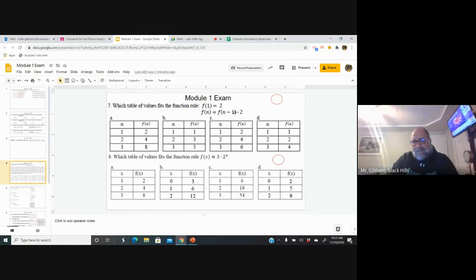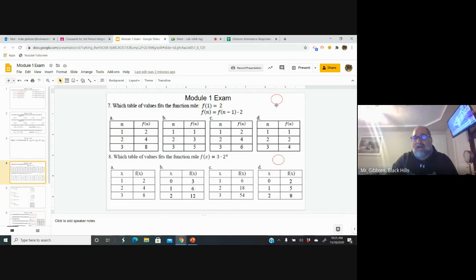Now, look at the pattern of change in the recursion equation. We're multiplying by 2. So f of n is f of n minus 1 times 2. So I just look at my f of n's in table A and table C and determine where my pattern of change is multiplication. So let's see this. 2 times 2 would give me a 4, and 4 times 2 would give me an 8.